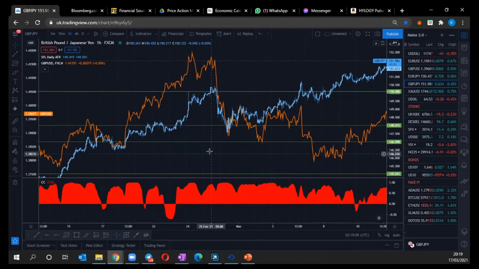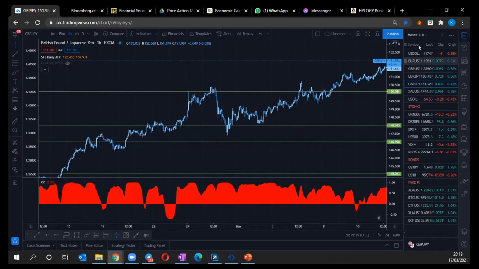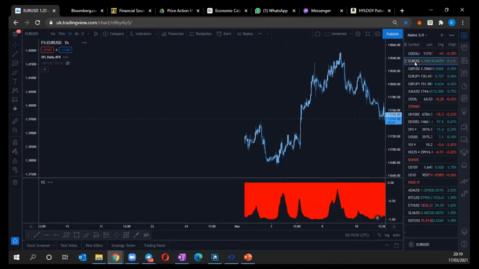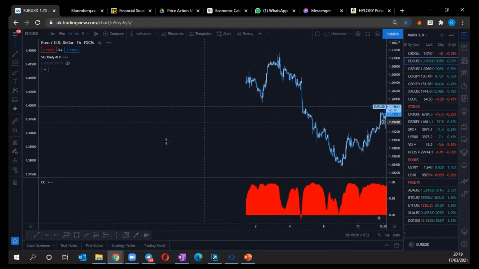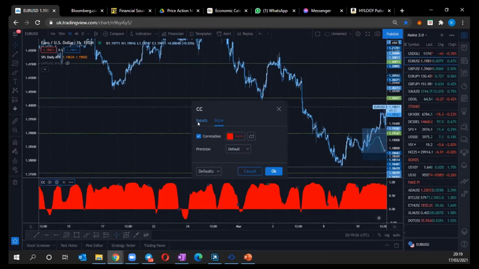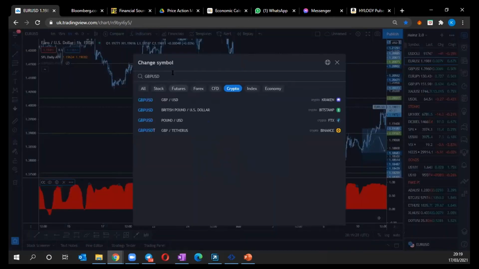But yeah, if we look at a market which is negatively correlated, so for example, if I go on euro dollar and then load, you can change this correlation coefficient here. You just need to change the input to whatever you want.